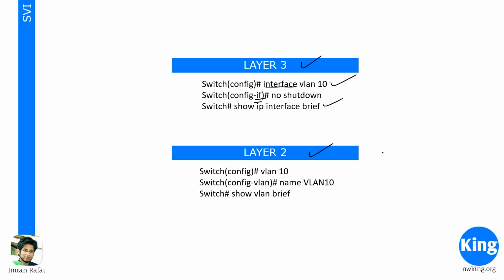Layer 2, this is nothing but a VLAN database, right? If you want to add to the VLAN database, you say VLAN without the interface keyword. So just say VLAN 10 or whatever number, and go to a VLAN subcommand, and here you can do naming, right? You can say name sales, marketing, whatever. To verify, you just say show VLAN brief, and it'll show you all the VLANs.